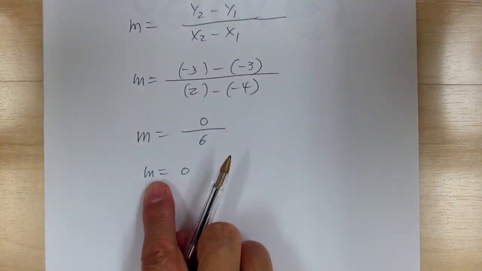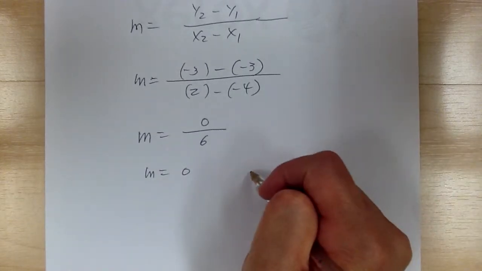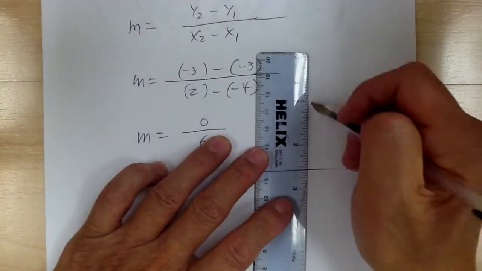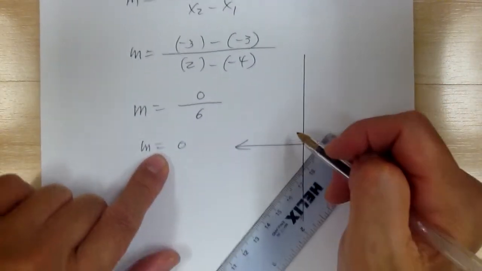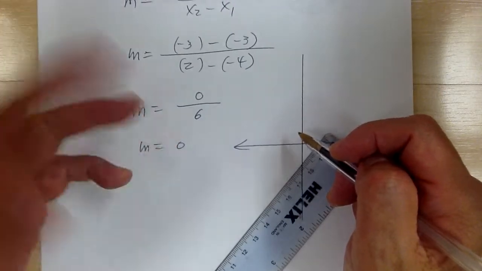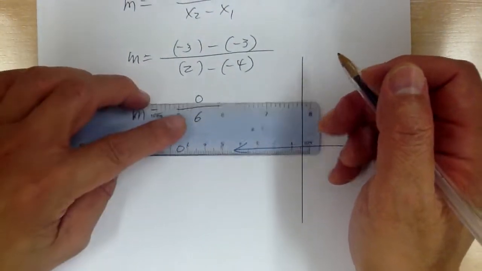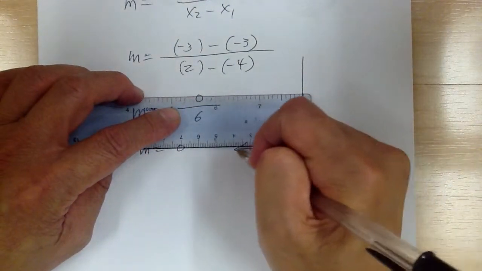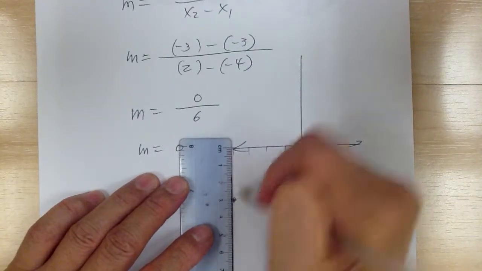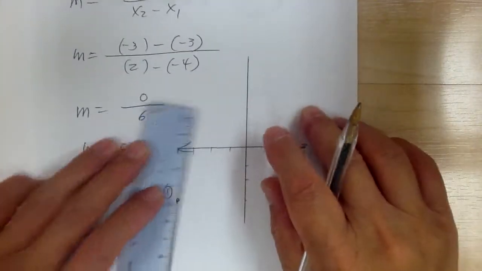When the slope equals 0, there's no steepness. That means the graph is horizontal. So if you were to graph this, don't write down "no slope," okay? Do not write down no slope. Just 0, it just means 0. So you have negative 4, negative 3, this is your point 1, and point 2 is 2, negative 3.